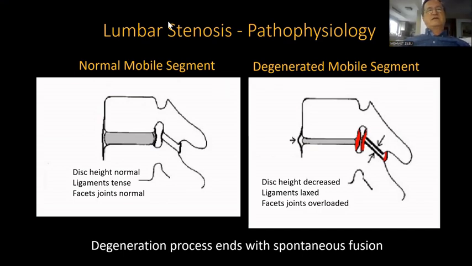On the left, you will see a normal motion segment. On the right, a degenerated motion segment, where the disc height is decreased, ligaments are relaxed, and facet joints are overloaded.